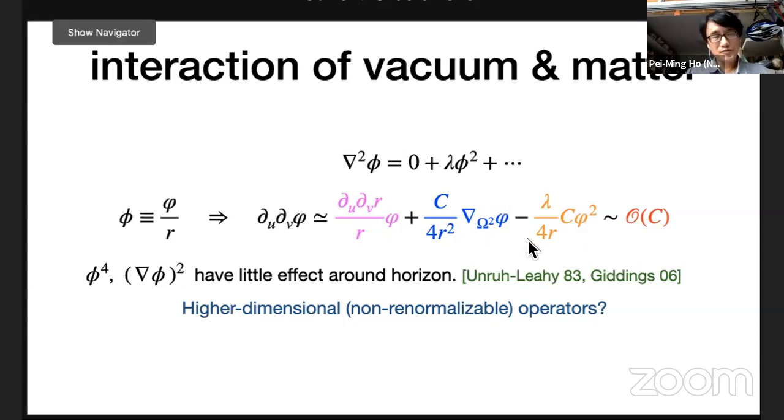But to check whether the interactions change the free field evolution, we have to consider non-renormalizable interactions to be complete.